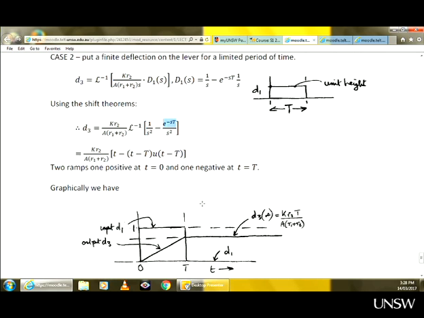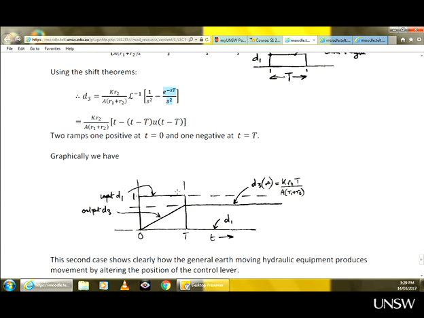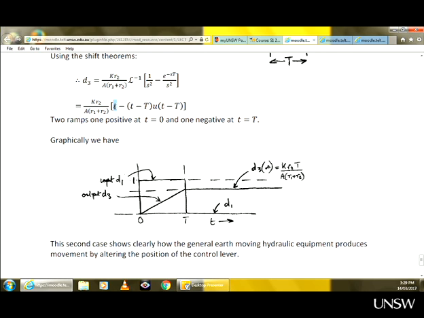The inverse Laplace transform of 1 over S squared, if you are still not sure, check the tables. It will be a ramp function, so it's t. The inverse Laplace of this second term is also a ramp function delayed by capital T seconds. Okay, so a ramp function plus another ramp delayed by capital T.